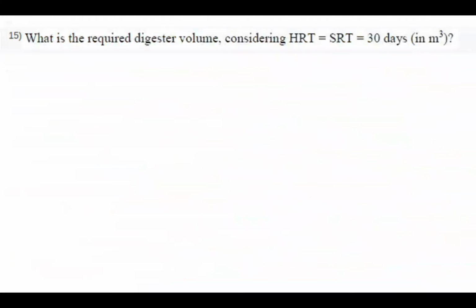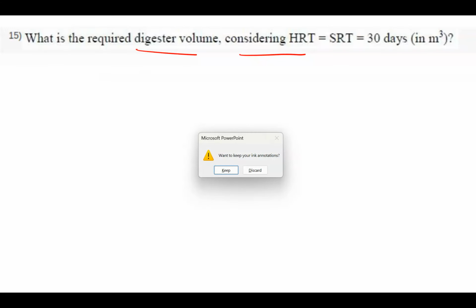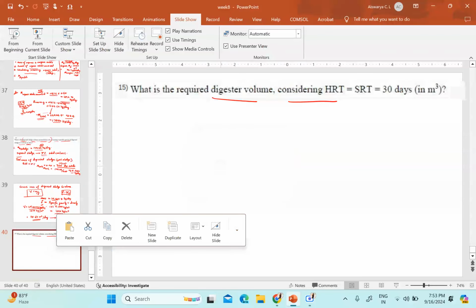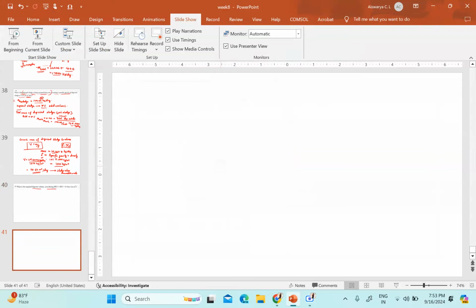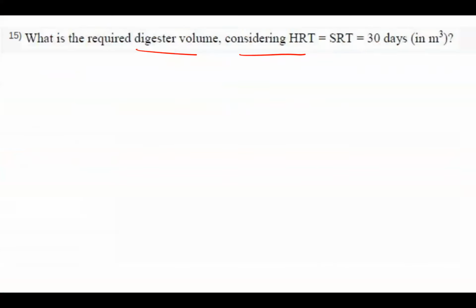Now, next question. What is the required digester volume considering HRT equal to SRT equal to 30 days, in meter cube? Just one minute. So now we have to calculate the digester volume.